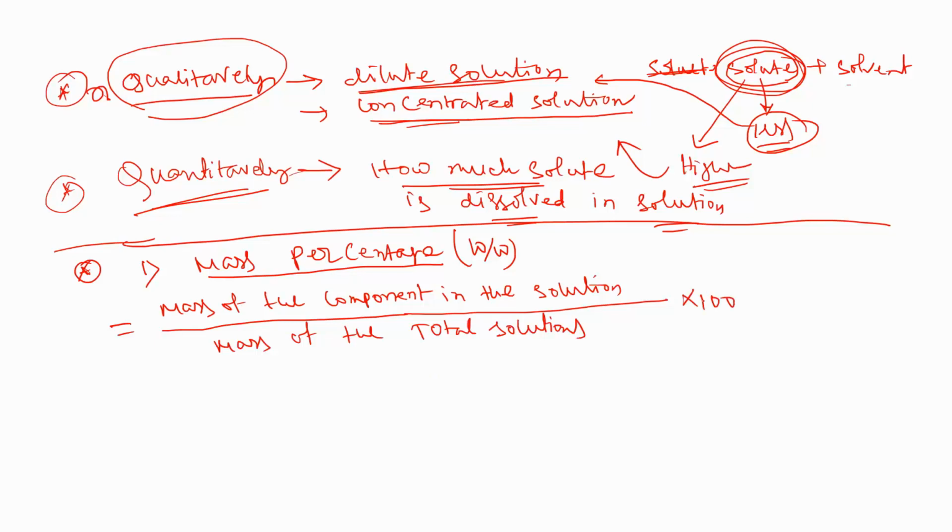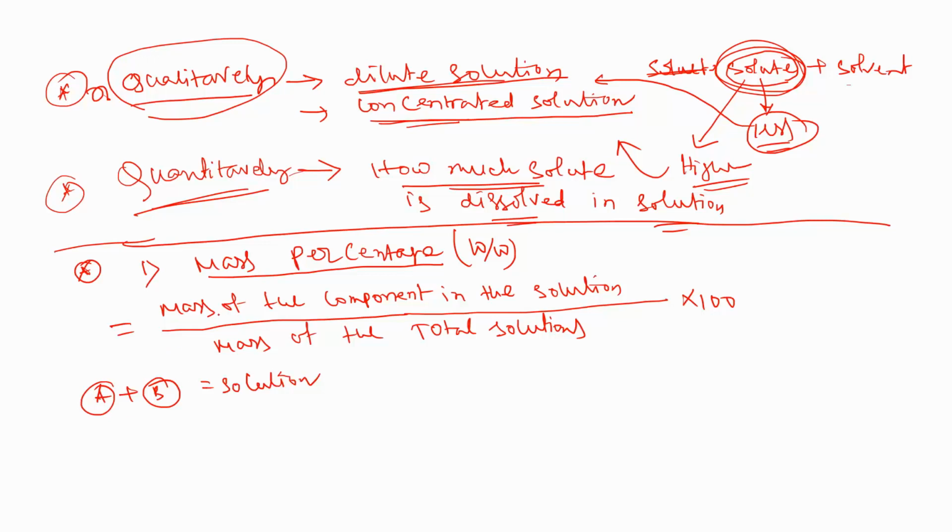It is a percentage, that's why I have multiplied by 100. To discuss the mass percentage, let us consider there are two components. Suppose A is one component and B is the other component. So A plus B equals solution. This solution has been made by the two components, A and B.